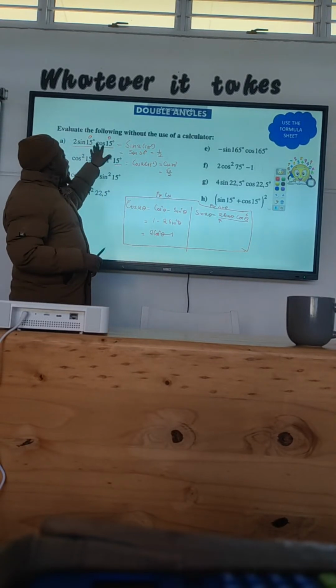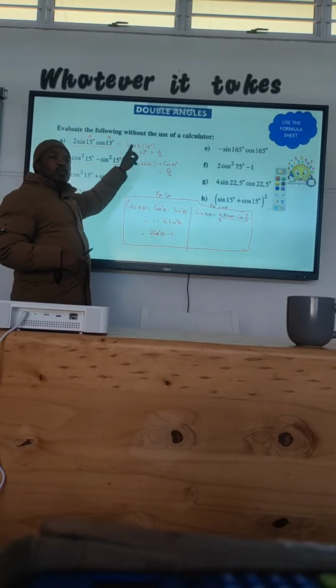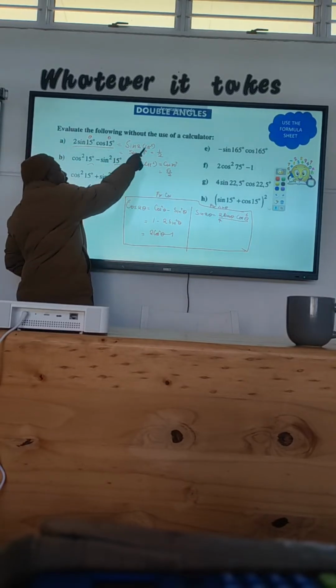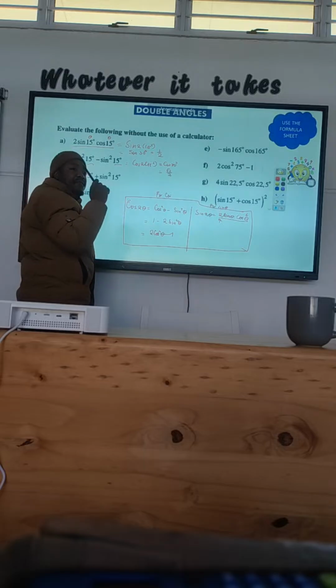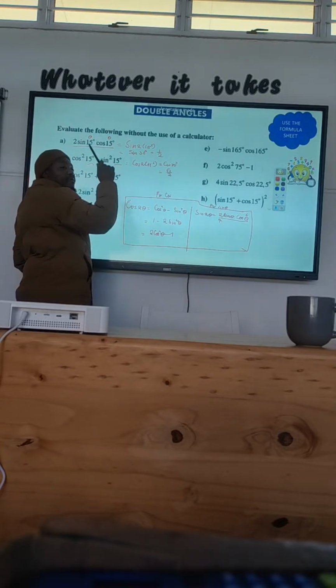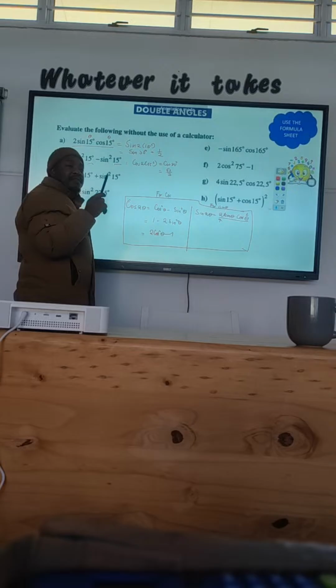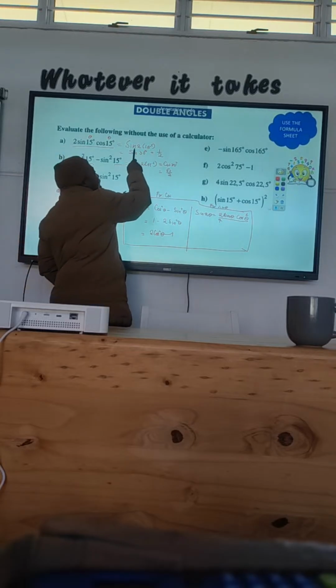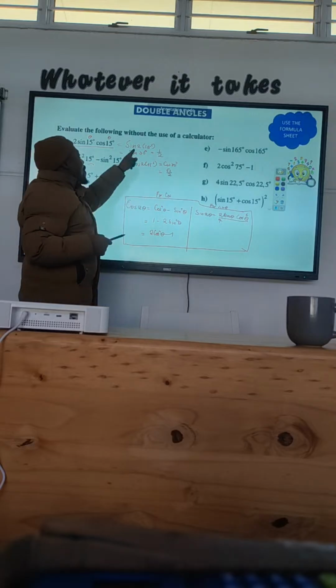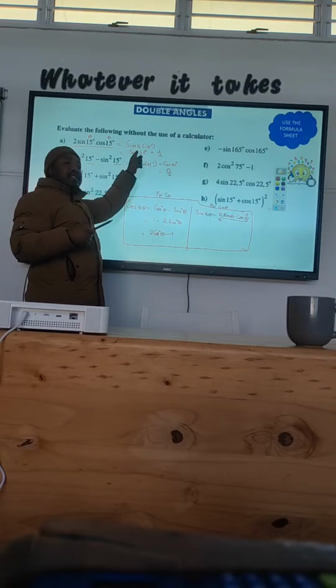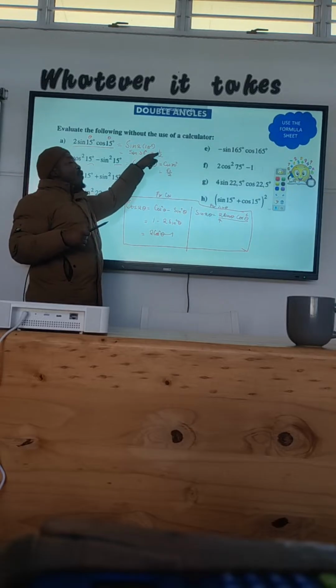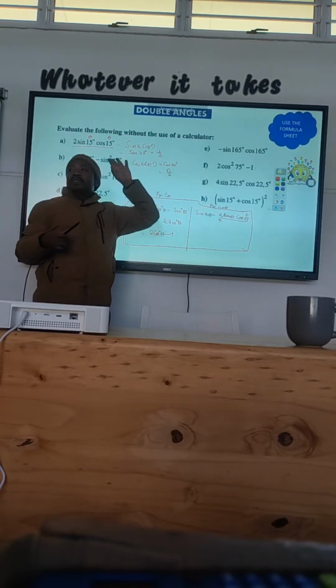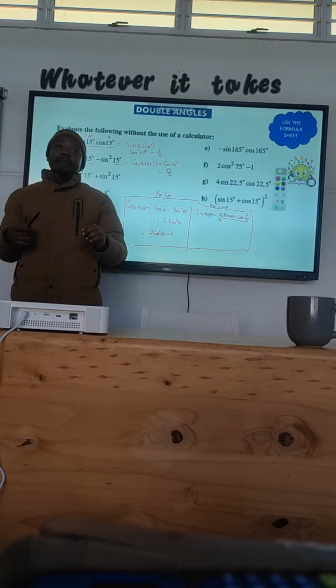So this is directly your sine of 2 theta. But you don't have theta here. What do you have? 15. So your common angle is 15. So it's going to be the double angle of sine with theta being 15. So this is 2 times 15. When you multiply 2 by 15, it will give you 30. And then how do we get the 1 over 2? We use our special angle triangle.